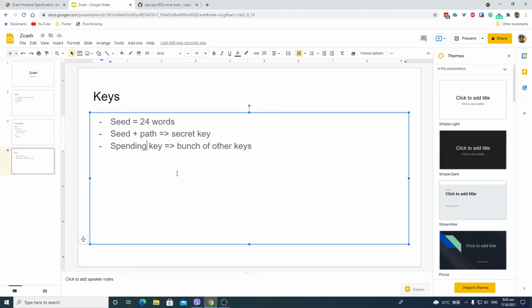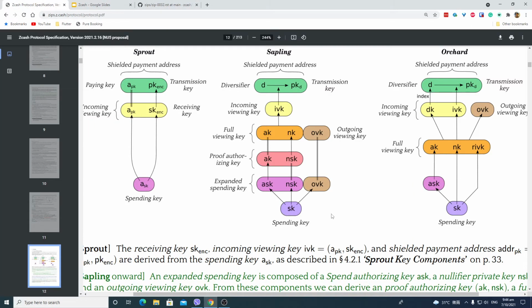And that's a reminder that the seed is the most important thing to save. Because from the seed you can derive the spending key, and the spending key can derive all the other stuff, right? But right now we are more interested in this diagram and what we have with the spending key.